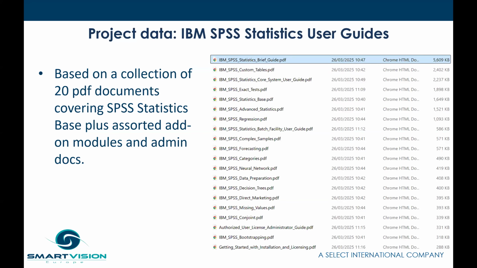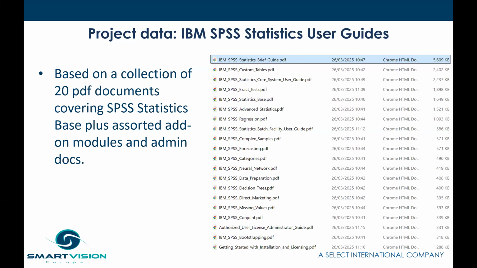It's modular software, so there are specific elements that people can optionally add on. There's a manual for decision trees, for example. There's a manual for complex sampling. There's a manual for advanced statistics. And there's a bunch of manuals that look at the basic operation of SPSS, what we call the base, as well as material about syntax, about algorithms, about administering it, about installing it and licensing it on different platforms, and they're available in different languages.